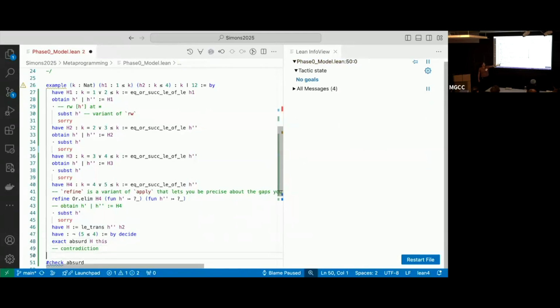So this is the proof term that contradiction built. This is the proof term that obtain built. At this stage, we can probably start next time with talking about how to build the whole thing in terms of tactics. But in order to write tactics, you need to have this information pretty much all the way through. You need to know what proof terms are being constructed by each piece of the proof style that you want to replicate.